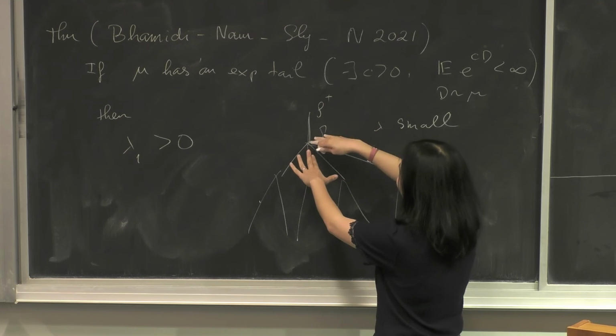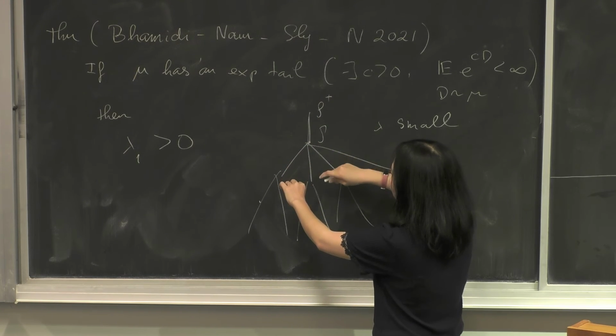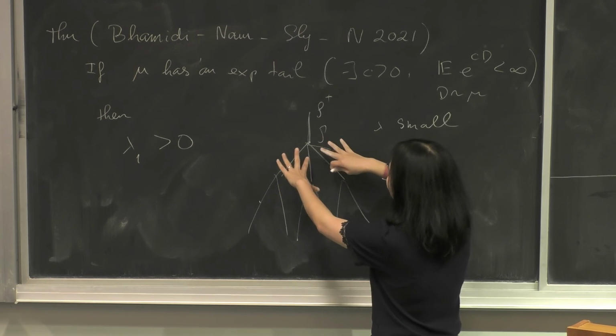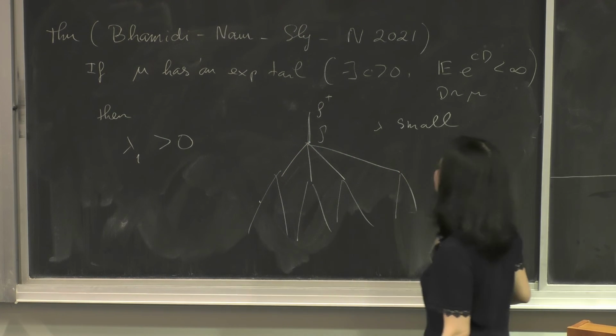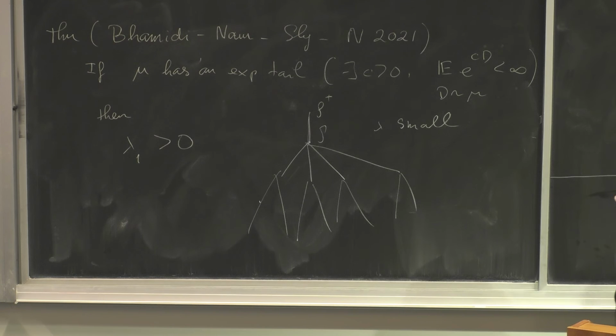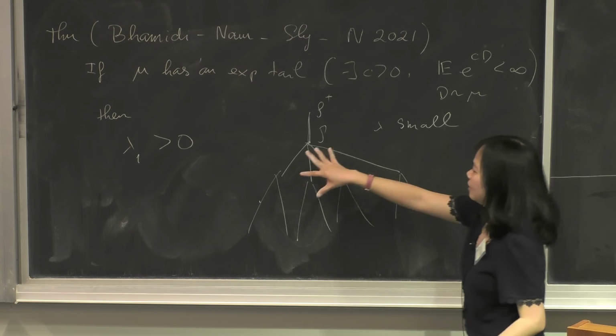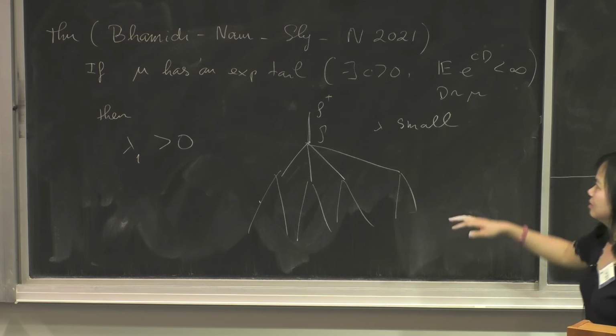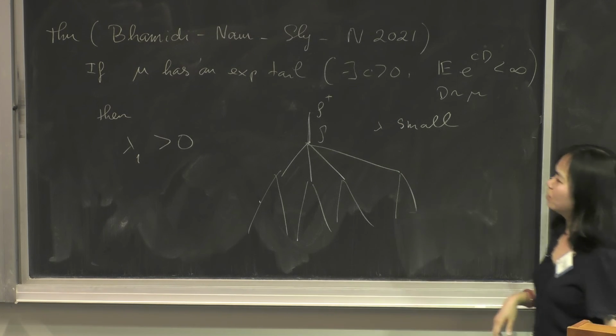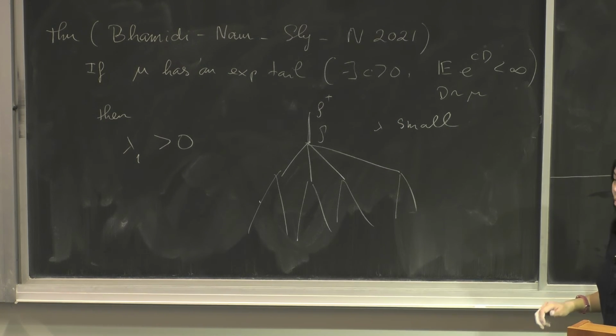But adding the grandparent allows us to make these things independent. And so that allows us to derive a recursion bound, to get from the subtree to the big tree. And that's one of the main tools for us to prove this kind of result.